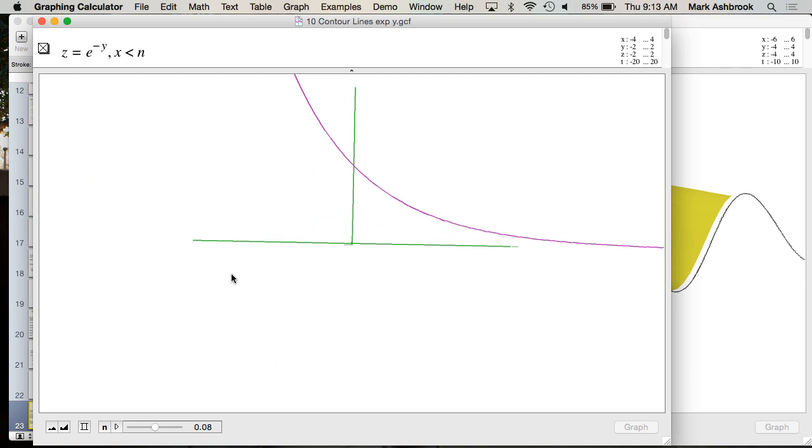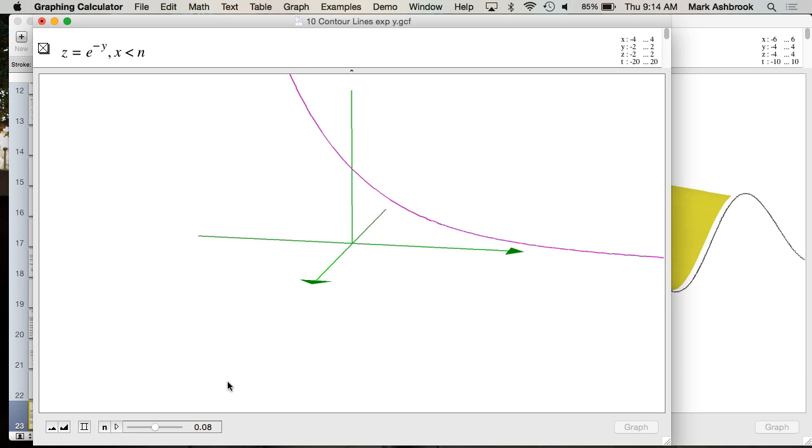Another example. Here's the other example I had: z equals e to the minus y. Now you're looking right at the yz plane, with x coming straight out at you. That's the graph of z equals e to the minus y. So again, we want to think about taking that and moving it in what direction? In the x direction, right?